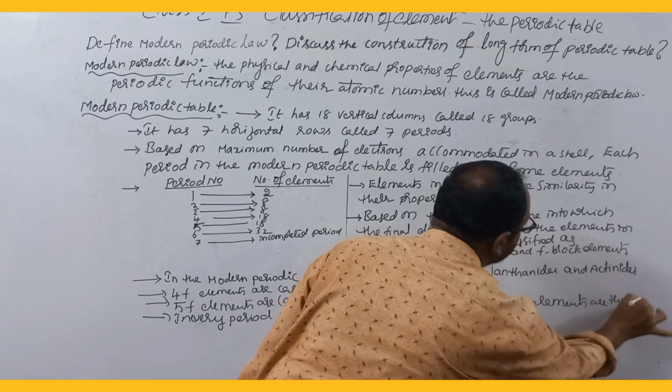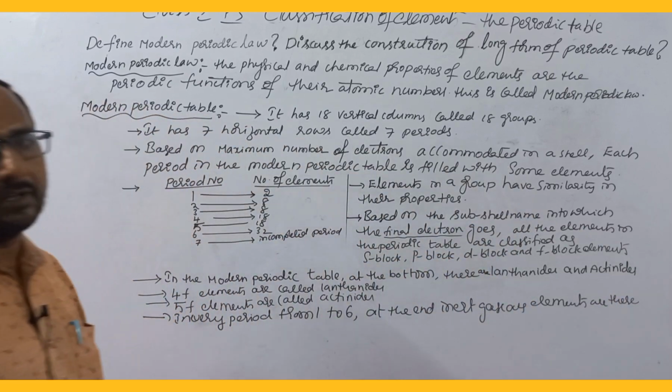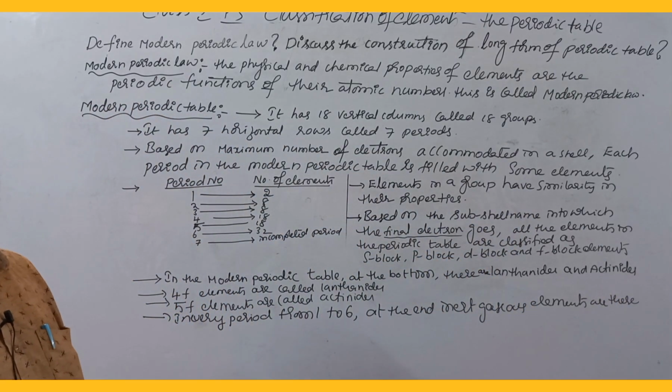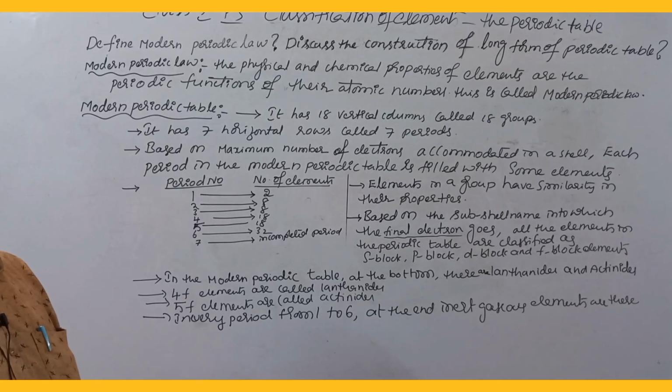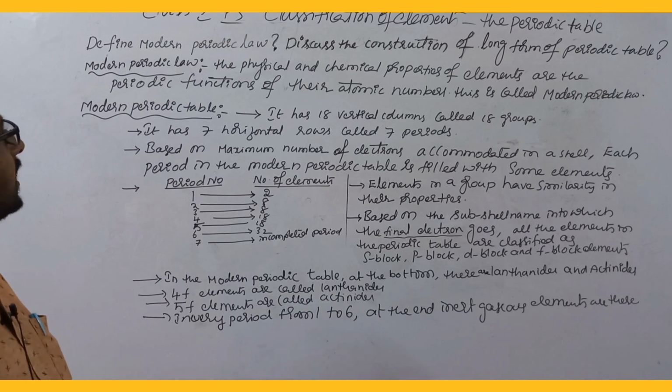That is helium, neon, argon, krypton, xenon and radon. First period ends with helium. Second period neon. Third period argon. Fourth period krypton. Fifth period xenon. Sixth period radon. So these are important features.